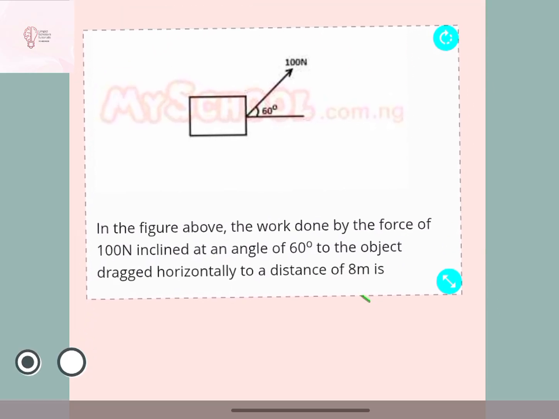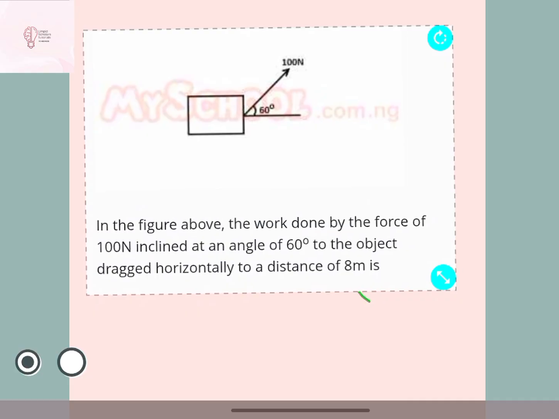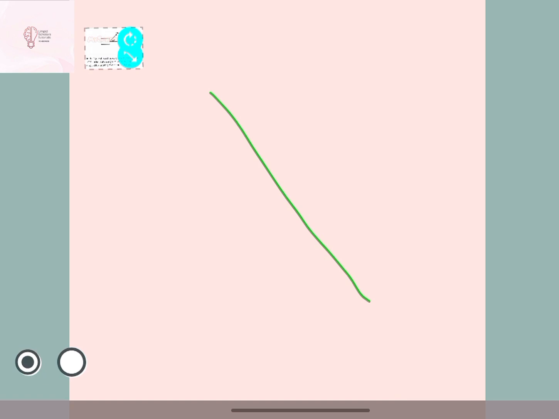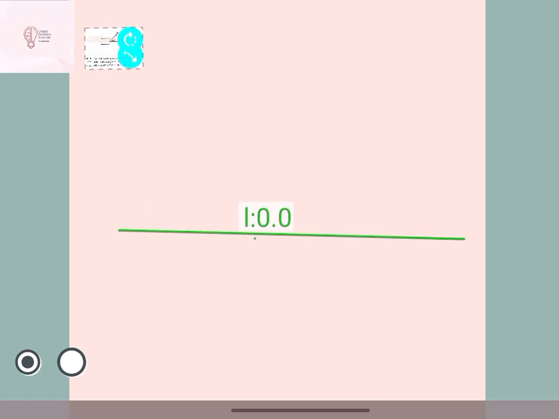Okay, first of all, 100 is going to multiply 60. If it is horizontal, it's going to be times 60 degrees. Whenever you are resolving and the angle is between the horizontal line and this line, when the angle is between them, you are going to use cos.